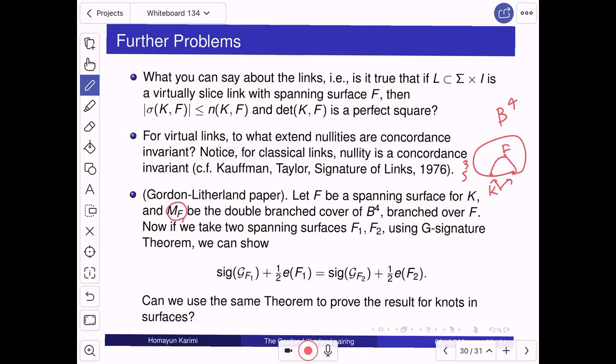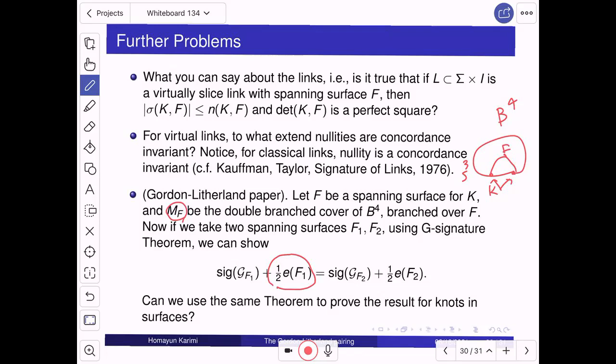Now, one thing that Gordon and Litherland show in their paper is that if you look at the signature of this four-manifold, the signature of this four-manifold is the same as the signature of the Gordon-Litherland pairing. And then they add this correction term, 1/2 of e of F, and they prove this theorem that the signature plus this correction term is independent of choosing the spanning surface.